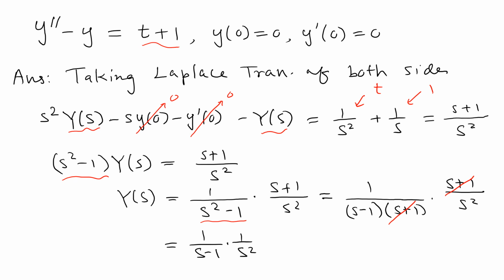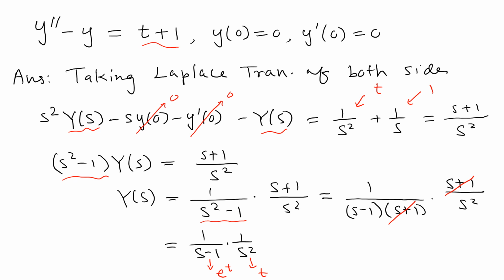Now you will see the inverse Laplace transform of those two. The first one has the inverse Laplace transform e to the t, and the second one has t. You can see this is a product. Since we have a product, now we can use the convolution property.